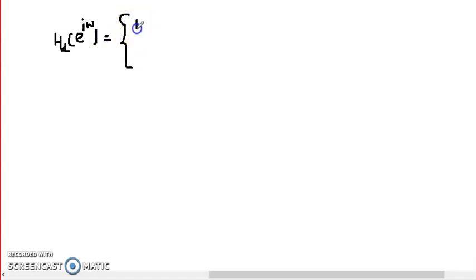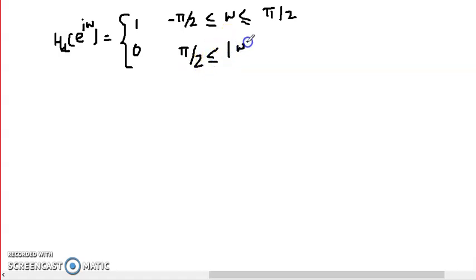Okay. So let us suppose there is an ideal filter whose response is given as 1 between minus pi by 2 to plus pi by 2, and 0 when mod of omega is greater than pi by 2 and up to pi.